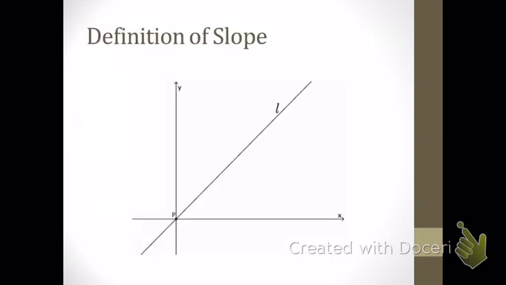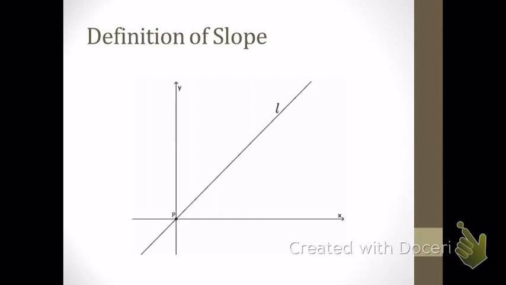Okay, now we're going to take the next couple minutes and just come up with a definition of slope. And so we've already said we can tell if a slope is going to be positive or negative. Remember, we want to give a number that's going to describe the steepness of any line on the coordinate plane.